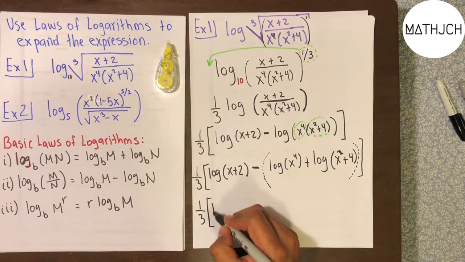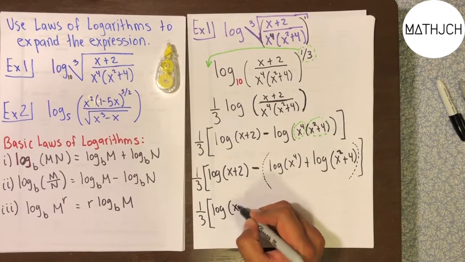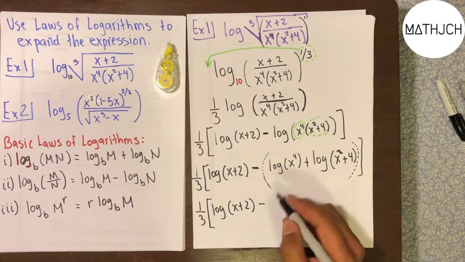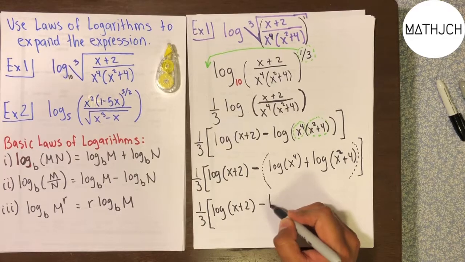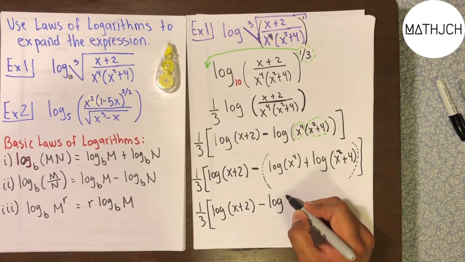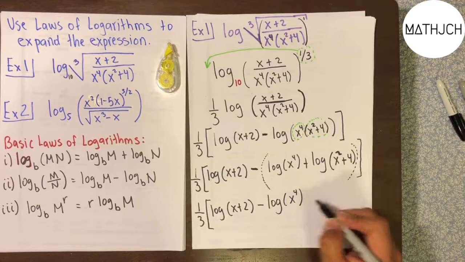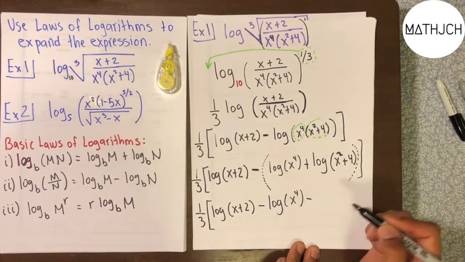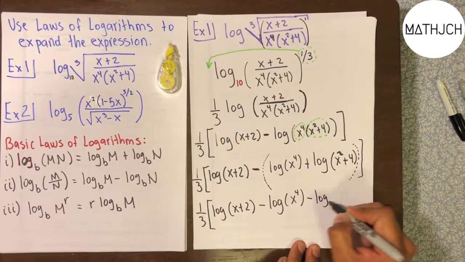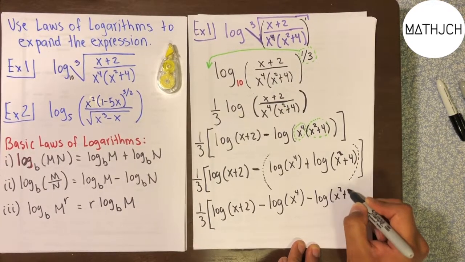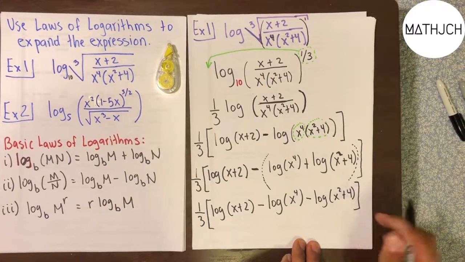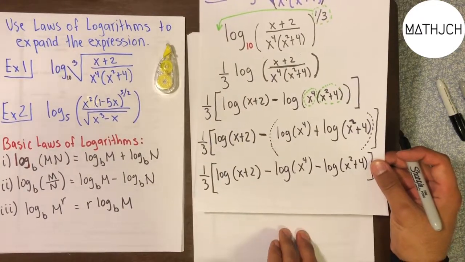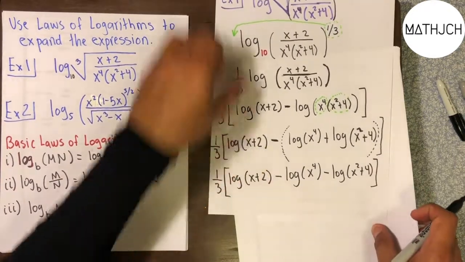Let's rewrite log of x plus 2 minus, so the minus will be distributed onto log of x to the power 4, and here minus multiplied by a positive is a minus, log of x squared plus 4. And let's close the big bracket.